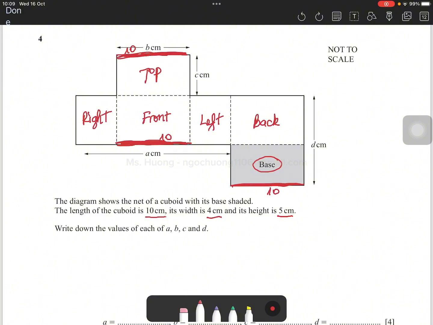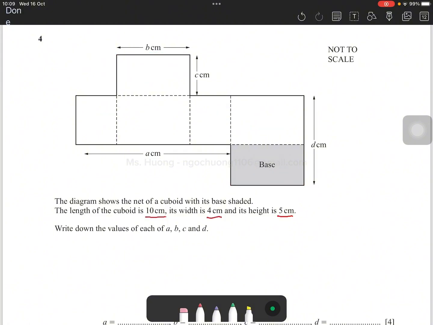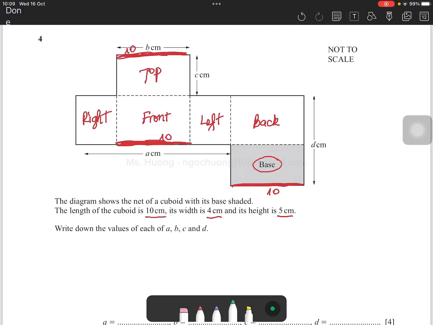And now we know that the width of the cuboid is 4 centimeters. This is the width of the cuboid, 4 centimeters. So this one is also the width, 4 centimeters. And the same for this, 4 centimeters. And the top face should be the same as the base. So C is also the width, 4 centimeters.